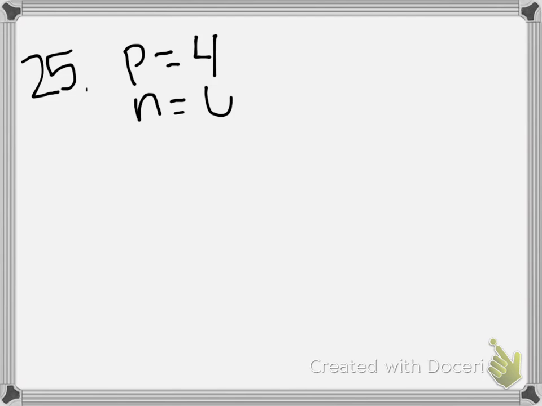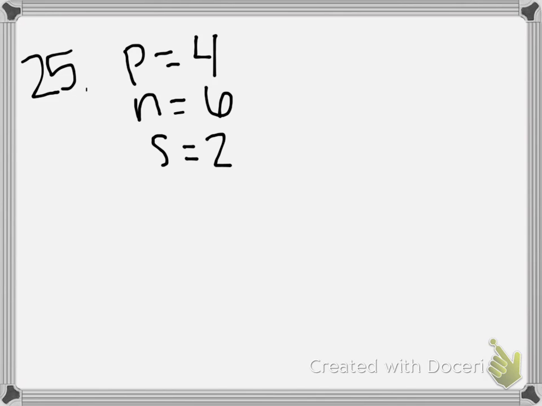Let's skip down to number 25. The directions say evaluate each expression using the values p equals 4, so I'm going to write all of these on here. P equals 4, n equals 6, and s equals 2. So that means anytime you see p, you're going to plug in 4. Anytime you see an n, you'll plug in 6.